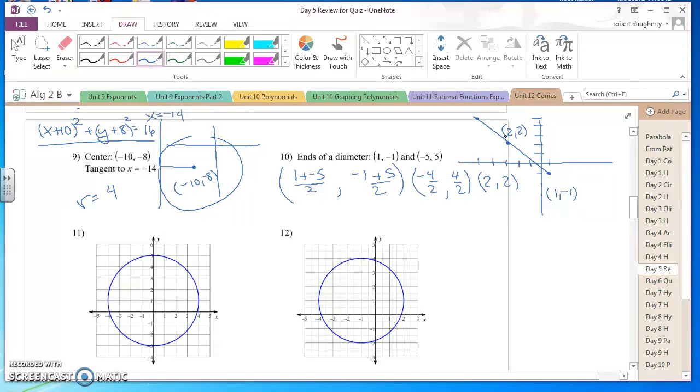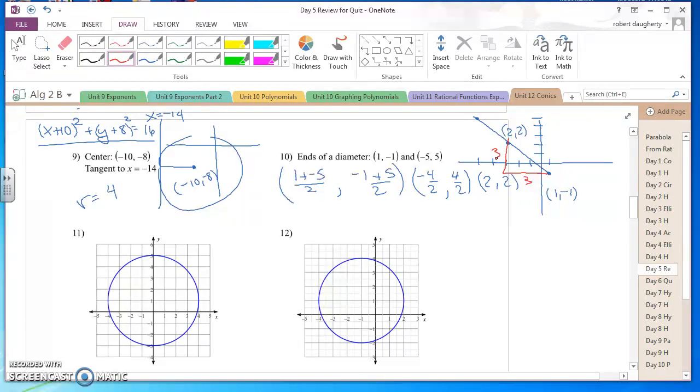So that's the center of my circle. I just need to figure out what the radius is going to be, and I can use my right triangle to do that. If I go from 1 to -2, that distance is 3. From -1 to 2, that distance is 3.